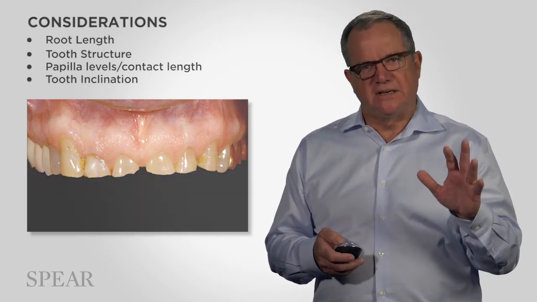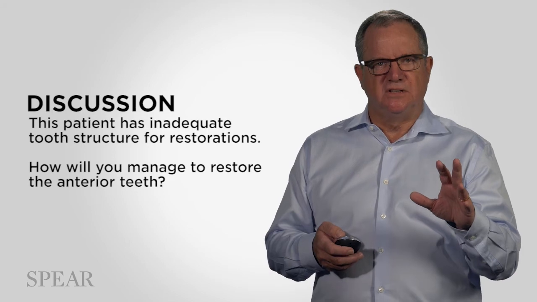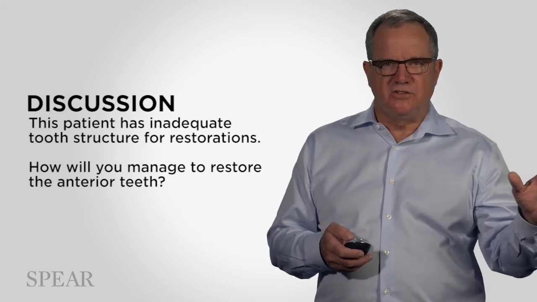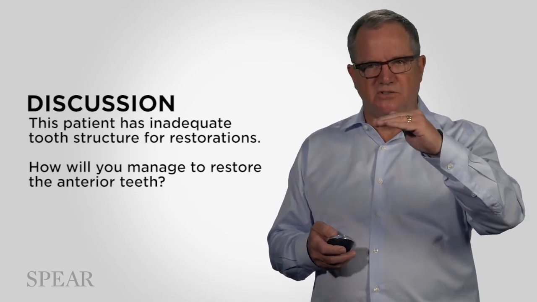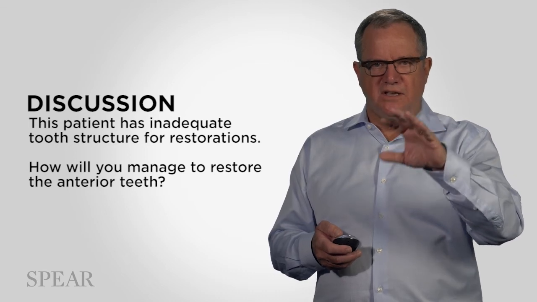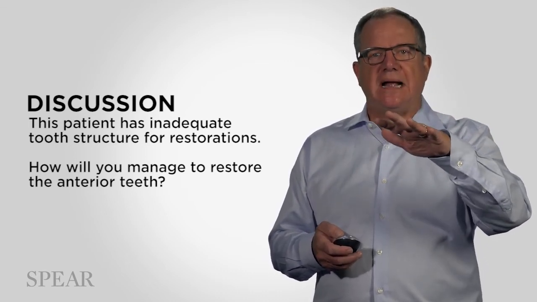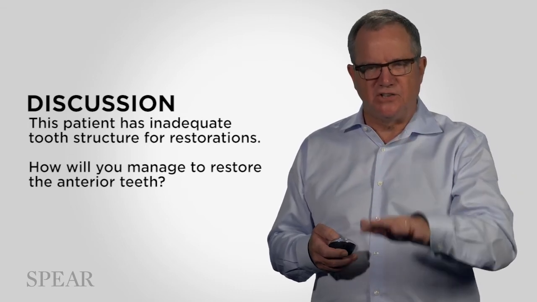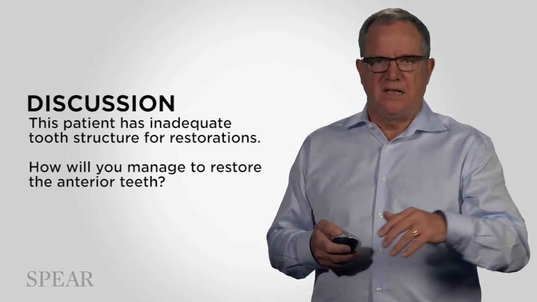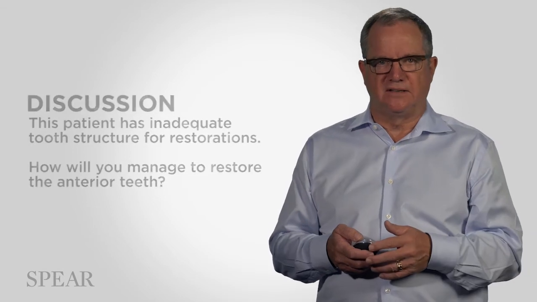So what I'd like you to do is have a discussion about if you did intrusion, you could get the tissue in the correct position. It would correct papilla heights. It would correct gingival margin levels. But how will you then get retention and resistance form, as opposed to if you do crown lengthening? So have a discussion about those two issues in this patient. And when you're done, we'll come back and see how he was treated.